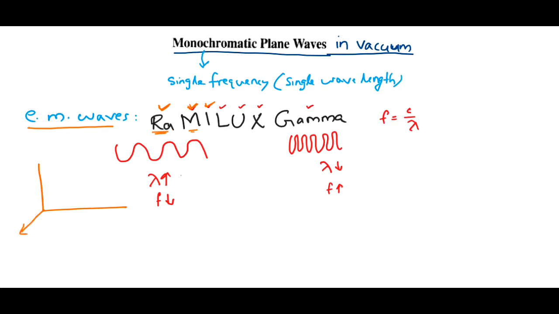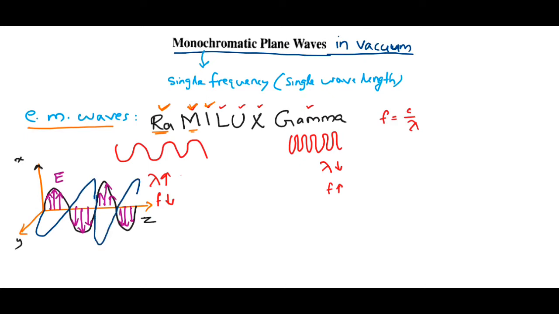Then if I draw the axes, this is Z, X, and this is Y. Along the X direction, I consider this is the electric field component E. Now the magnetic field component is parallel to the Y direction.